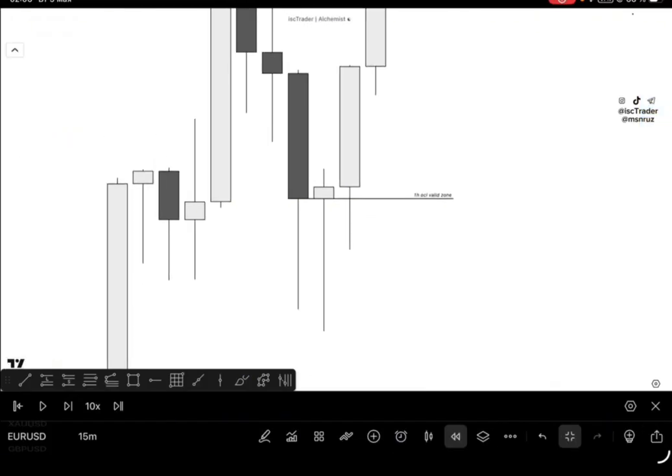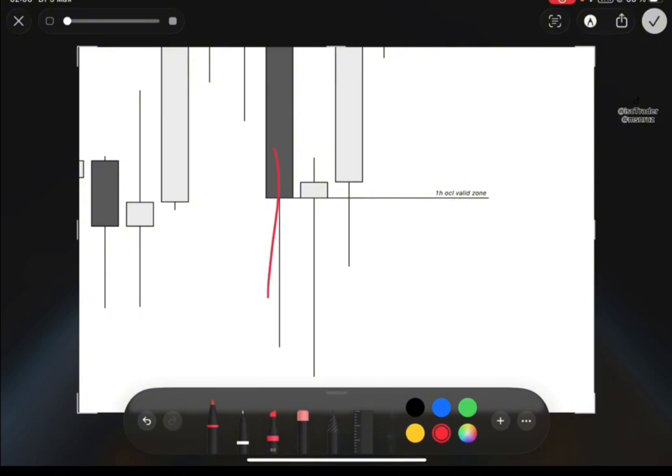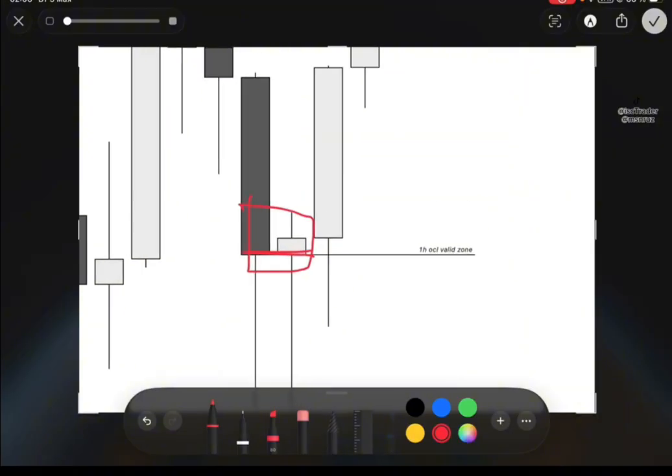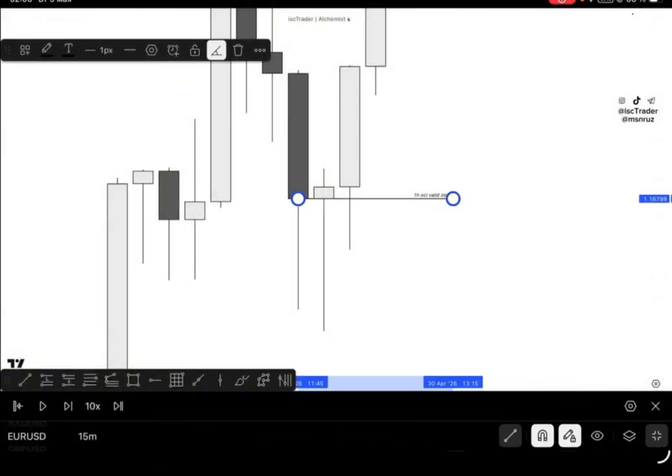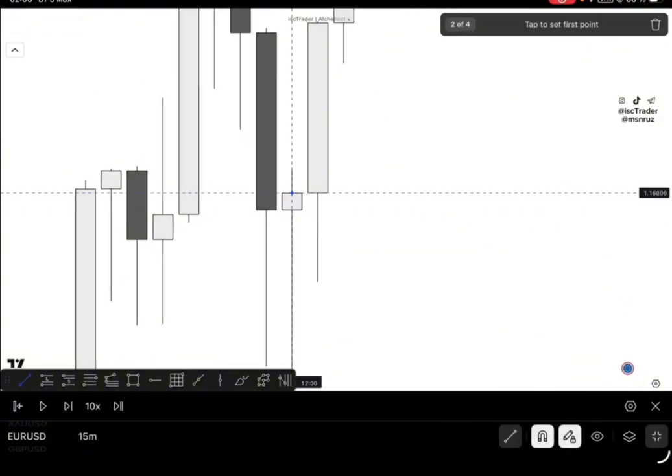A support zone consists of 2 candles, not of 3 candles. Support, and the next candle is reacting and it is going for a buy, meaning this is an invalid zone. Invalid. Okay, we erase this zone and the open candle level.